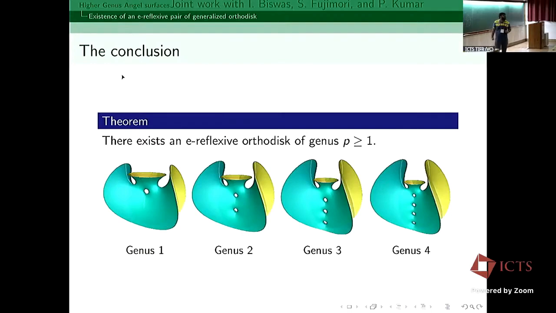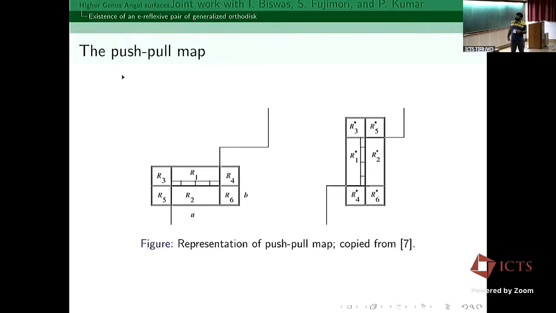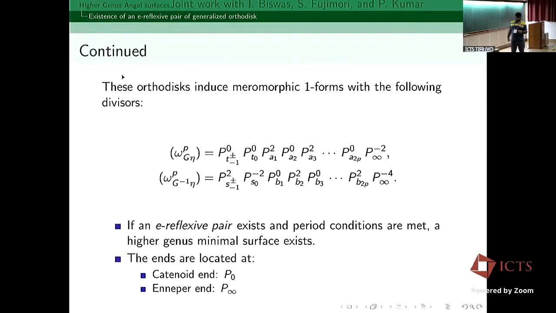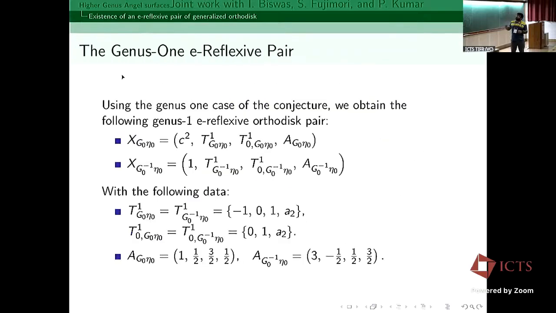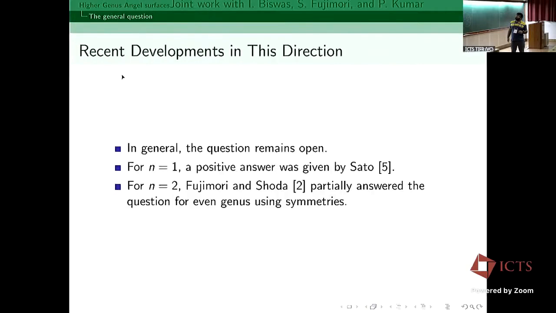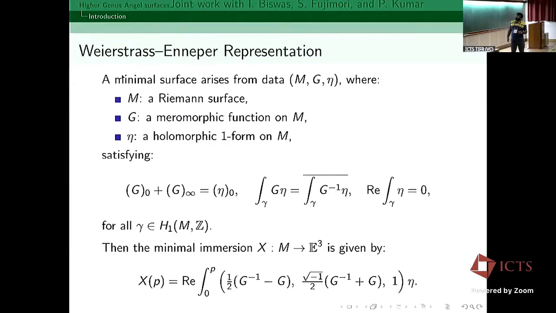One more question. When we do this method, we usually get branched minimal surfaces, right? That depends upon these forms. How do you choose these forms? If you remember, in my Weierstrass representation, there was a condition.